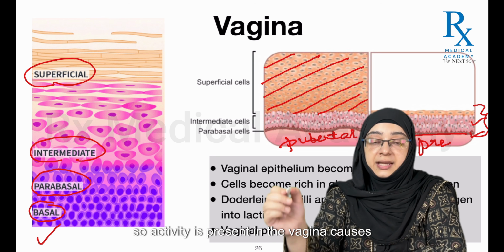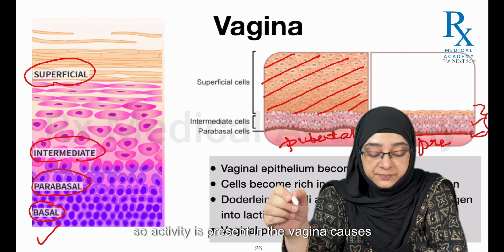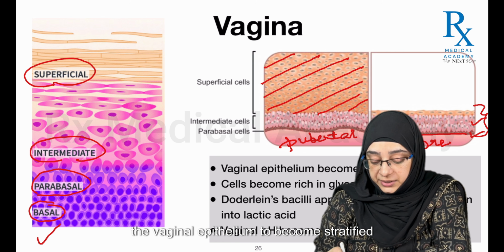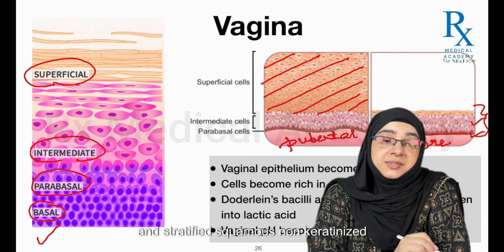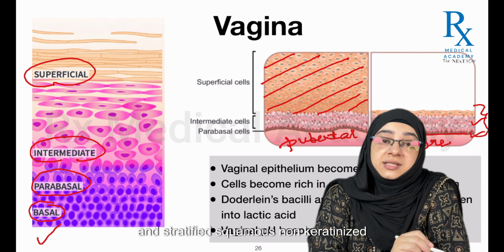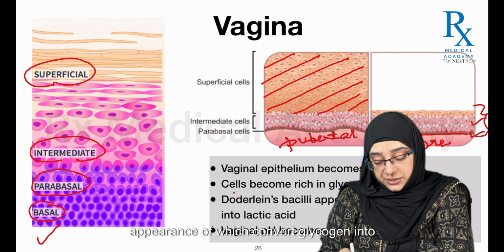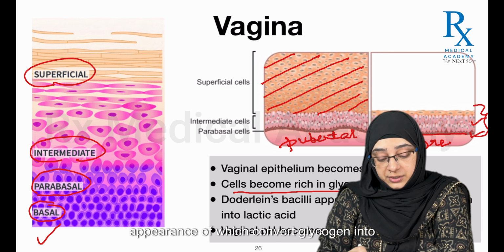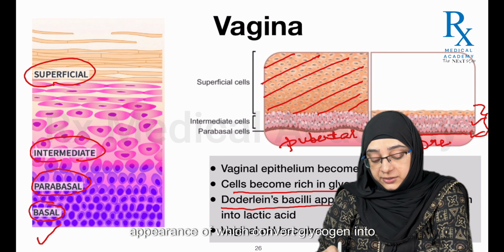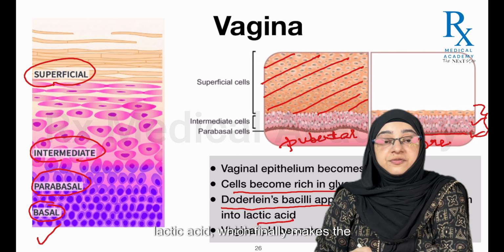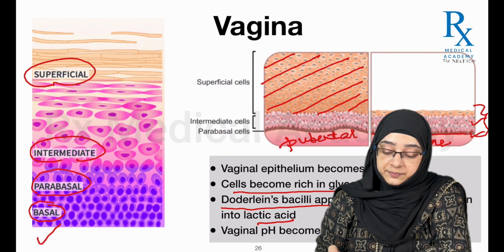So, at puberty, estrogen acts on the vagina, and this causes the vaginal epithelium to become stratified, squamous, non-keratinized. The cells become rich in glycogen due to estrogen. We see the appearance of Doderlein's bacilli, which convert glycogen into lactic acid, which finally makes the vaginal pH acidic, ranging between 4 to 5. Right.